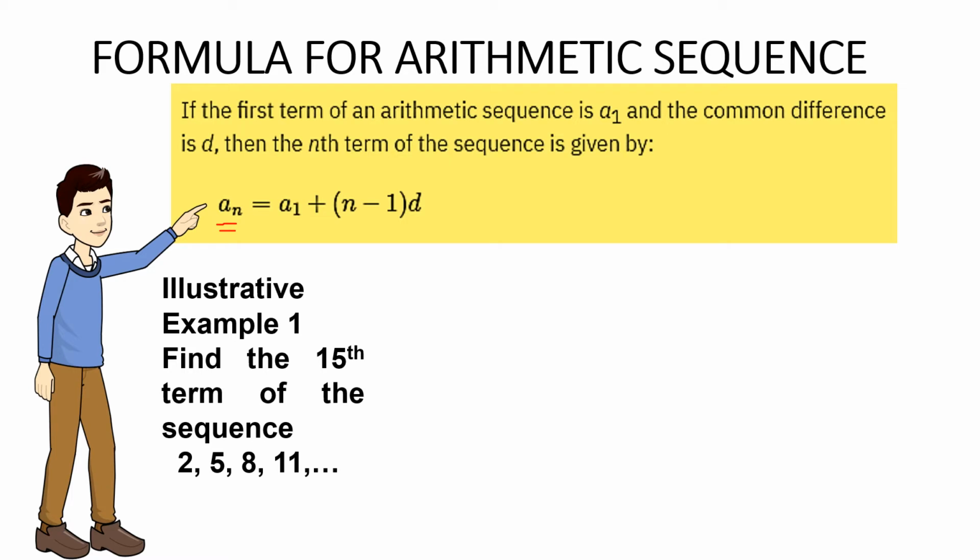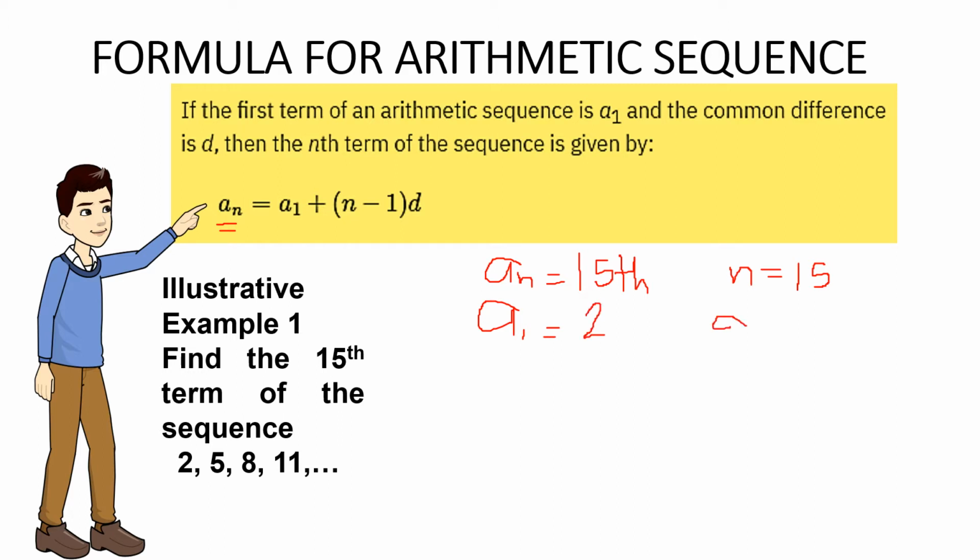So our illustrative example number 1, find the 15th term of the sequence 2, 5, 8, and 11. So ang ating a sub n is the 15th term. So therefore, ang ating n is equals to 15. Then our a sub 1, which is the first term, is equals to 2.